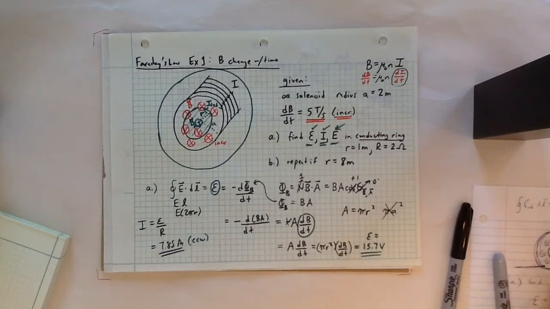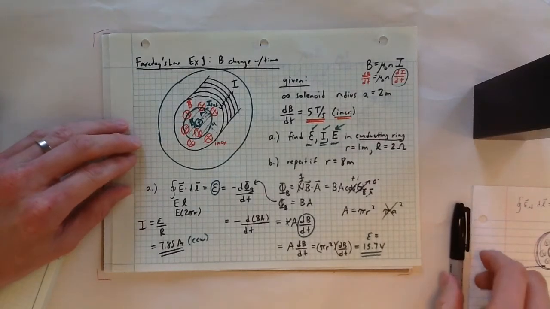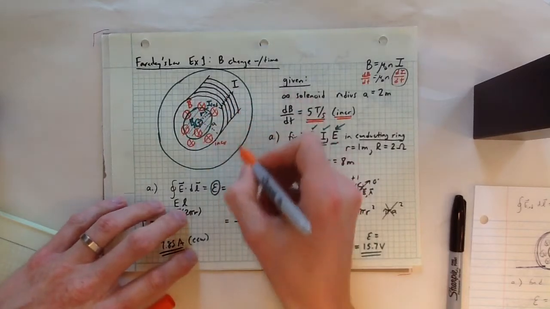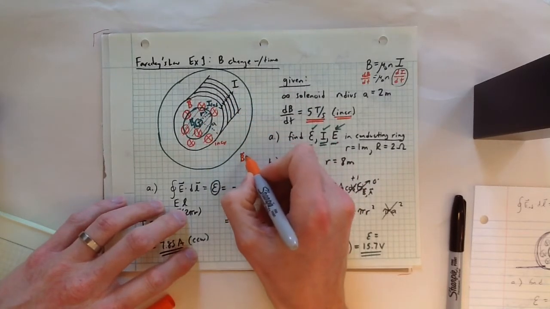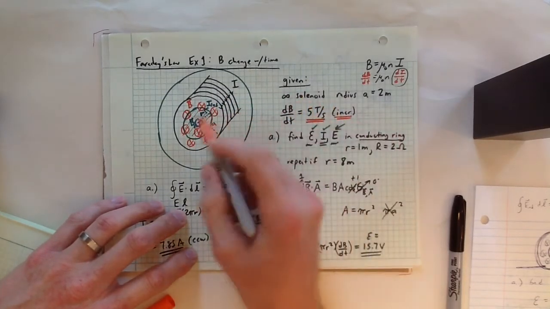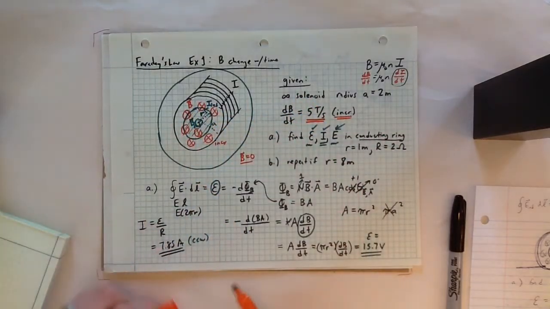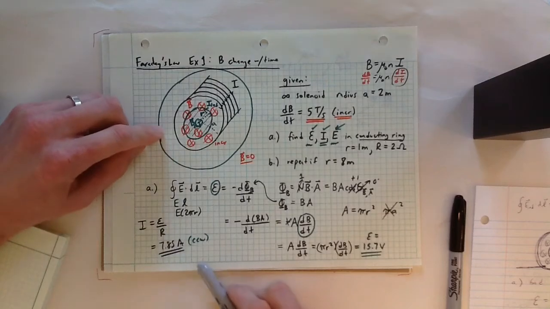And you might be right to question that anything happened there, because of course we said that the magnetic field made by the solenoid out here is basically zero. If it's an infinite solenoid, its magnetic field is contained entirely inside the core. So you might say, well, nothing happens here.